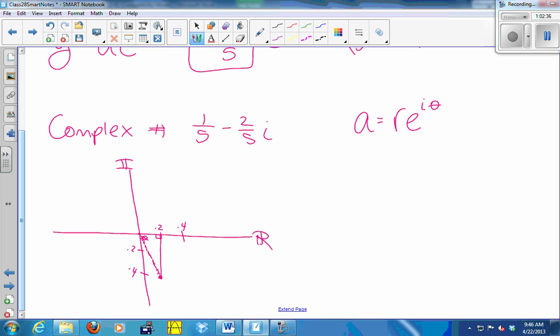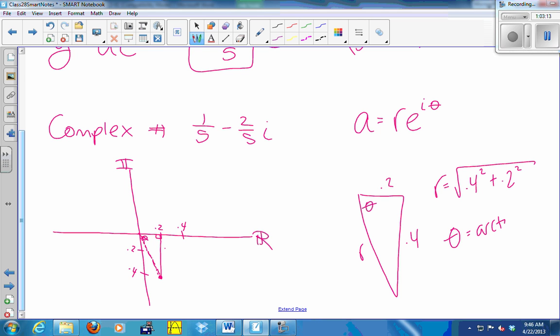All right, so R, this is 0.4. Let me enlarge this triangle here. That's what we're looking for. Use the Pythagorean theorem to get R, and theta will be the arctan of 0.4 over 0.2, which is 2.